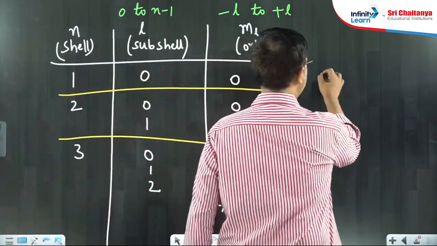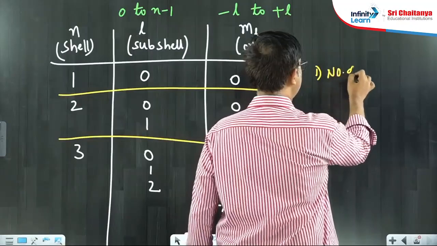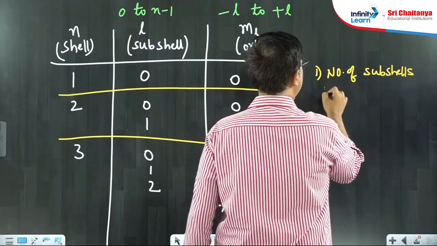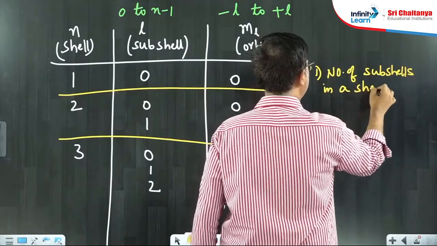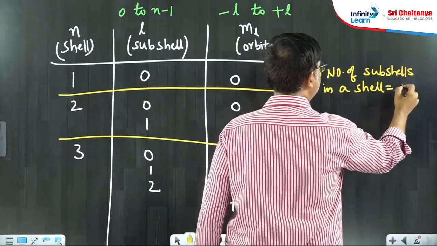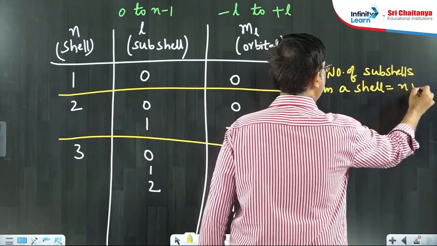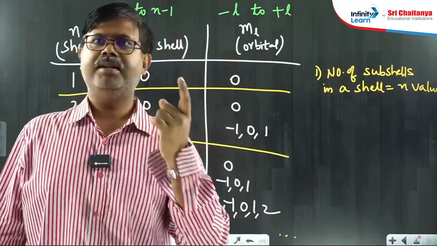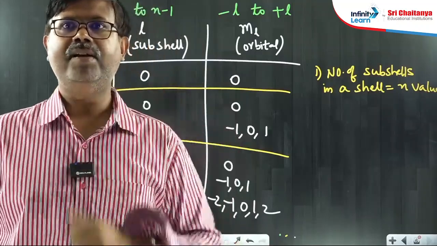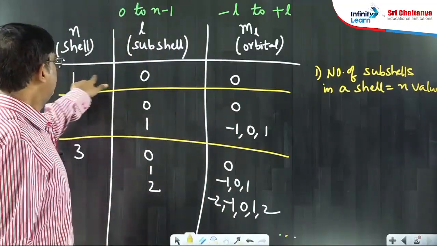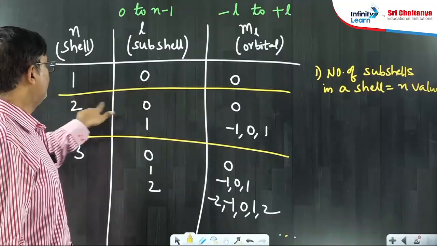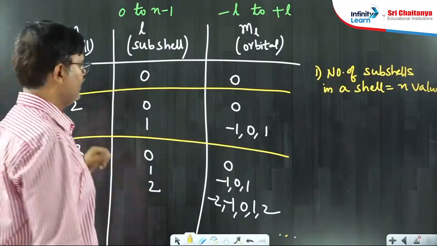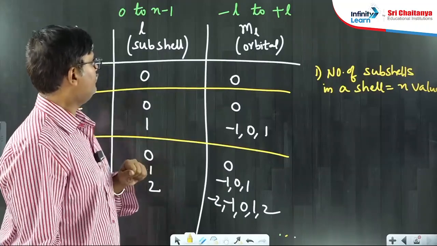So can I write: number of subshells in a shell is equal to n value. Number of subshells present in a shell is equal to just the value of n. Here the value of n is 1, that's why only one subshell. 2, 2 subshells. 3, 3 subshells.